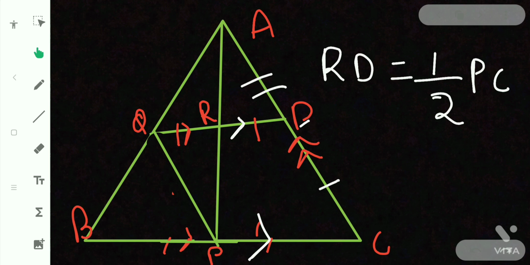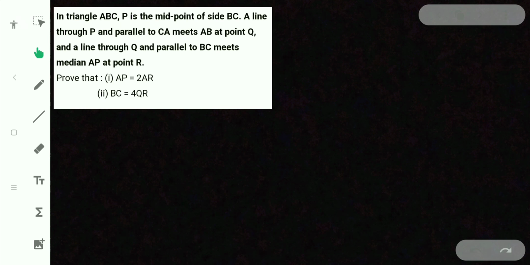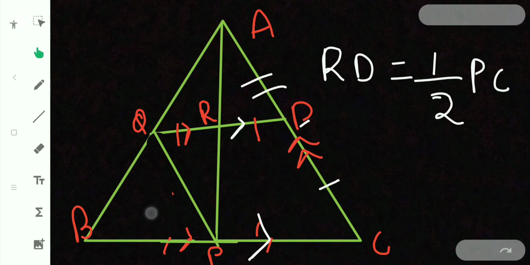We have proved just now in the first bit that Q is a midpoint of AB, and now we have proved D is a midpoint of AC. A line joining these two midpoints is parallel to this line, so there is no need for parallel either. We can apply the midpoint theorem for the whole triangle ABC.